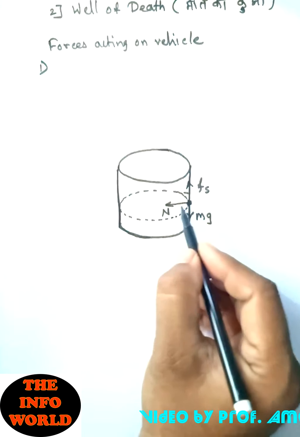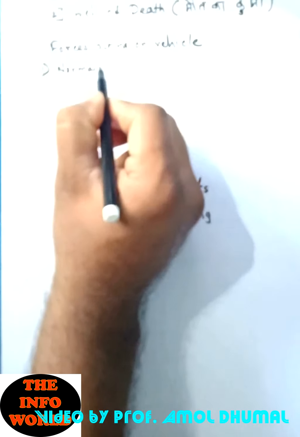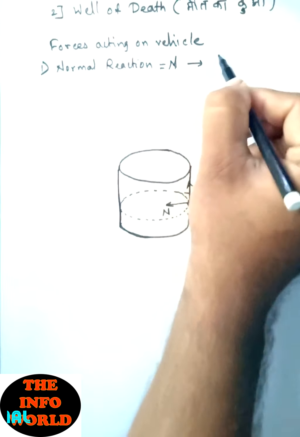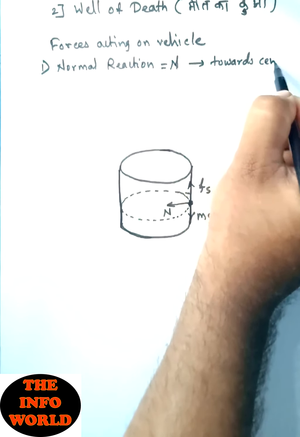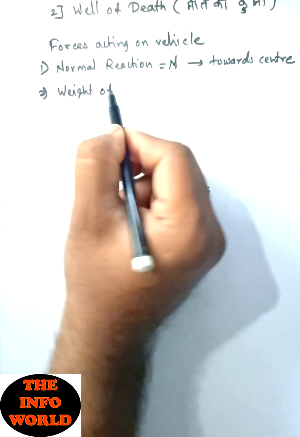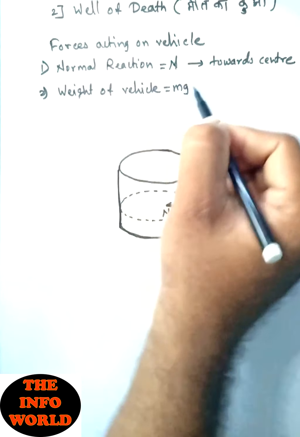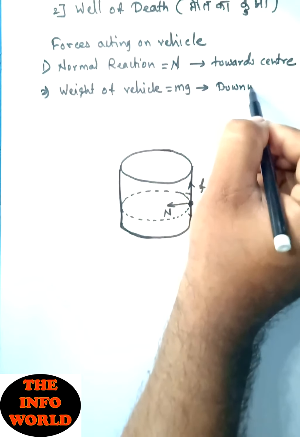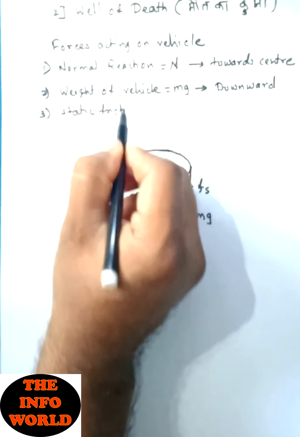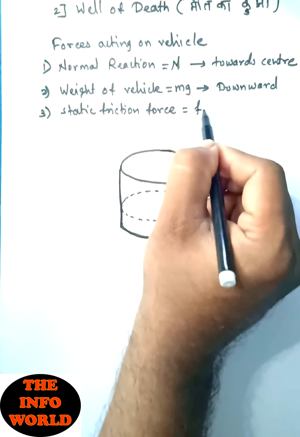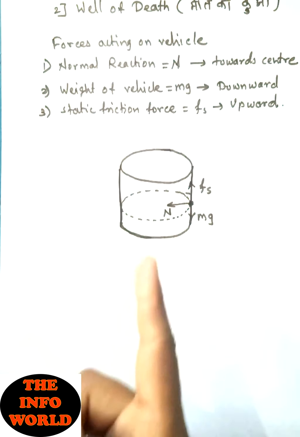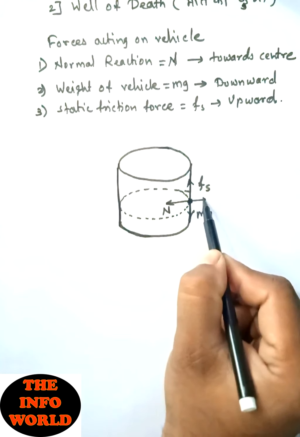First the normal reaction, which is towards the center, then second the weight of the vehicle, mg, which acts in downward direction, and third is the static friction force, Fs, which acts in upward direction.